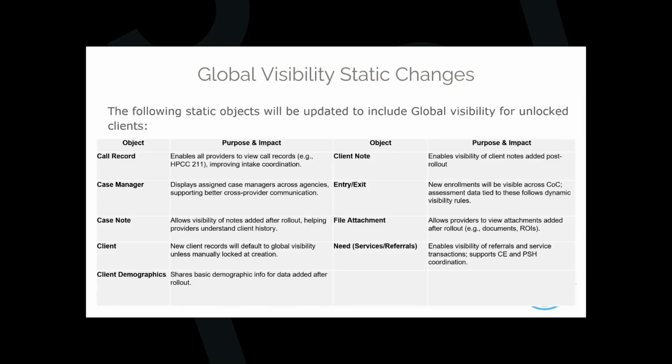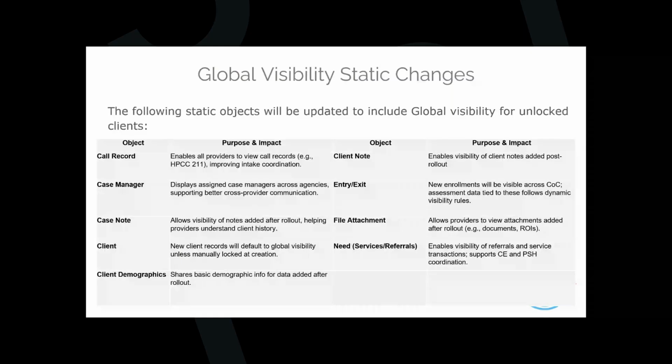So if it's an existing enrollment and you make an update to that enrollment at an interim review, that enrollment is still not going to be visible. But what is going to be visible, let's say you make an update to an enrollment after go live date. Let's say you update the client's income in an update assessment. That income is going to be globally visible, but your enrollment isn't.